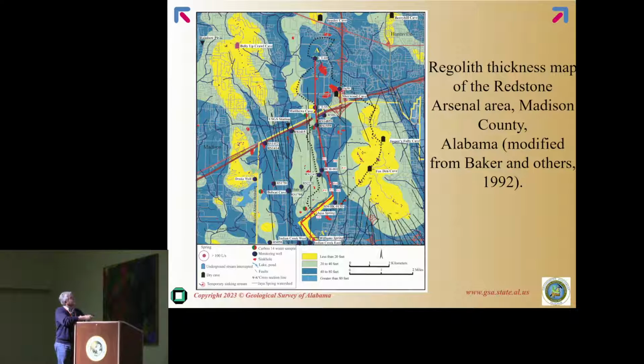The site is covered by an overburden or regolith, whose thickness varies from the yellow color, about 20 feet on the top of the ridges, which is about 7 meters, to the light green color, where it's about 80 feet, which means about 27 meters. The only places where you can find rock outcrop are in the caves or cave entrances at the site.